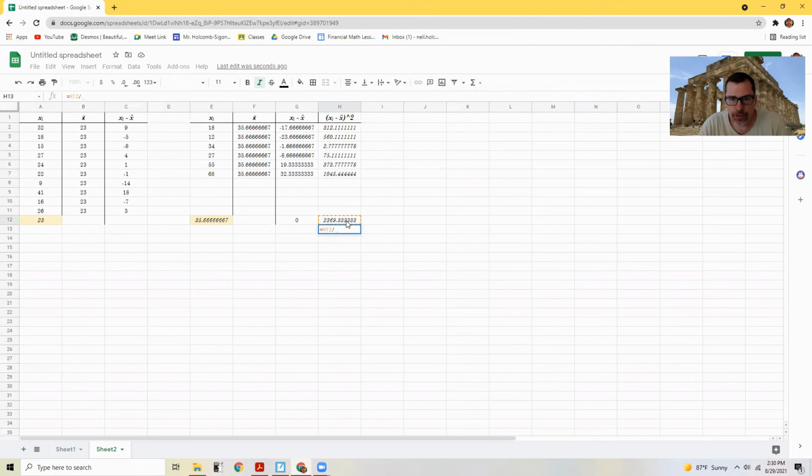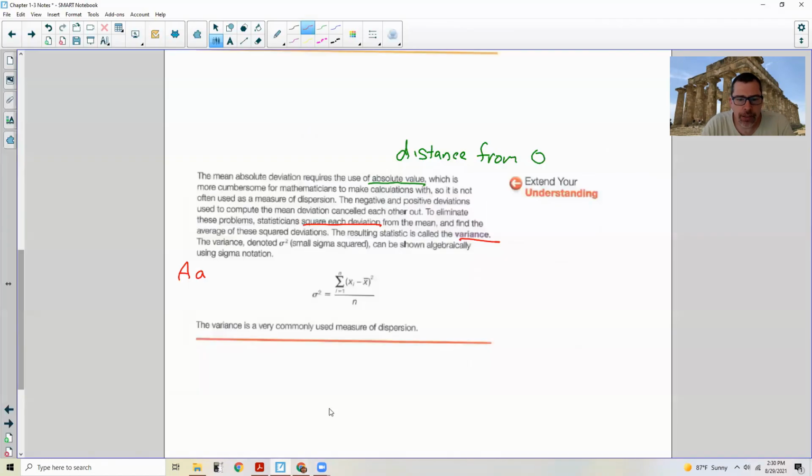Oh, just kidding. There are only 5. 1, 2, 3, 4, 5, 6. How about 6? There are 6. Okay, so the result is 394.88. So that's the sigma squared.